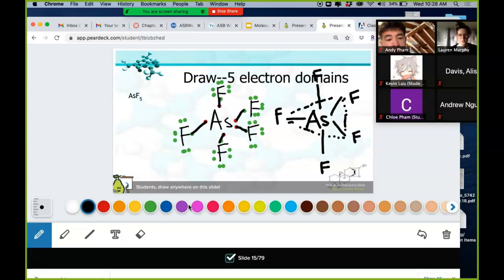And then, of course, lone pairs, right? You have to always include lone pairs on your structures anywhere they are. You can never leave them out. Now, there's none on the central atom, but that doesn't mean you don't have to draw them on the fluorines.